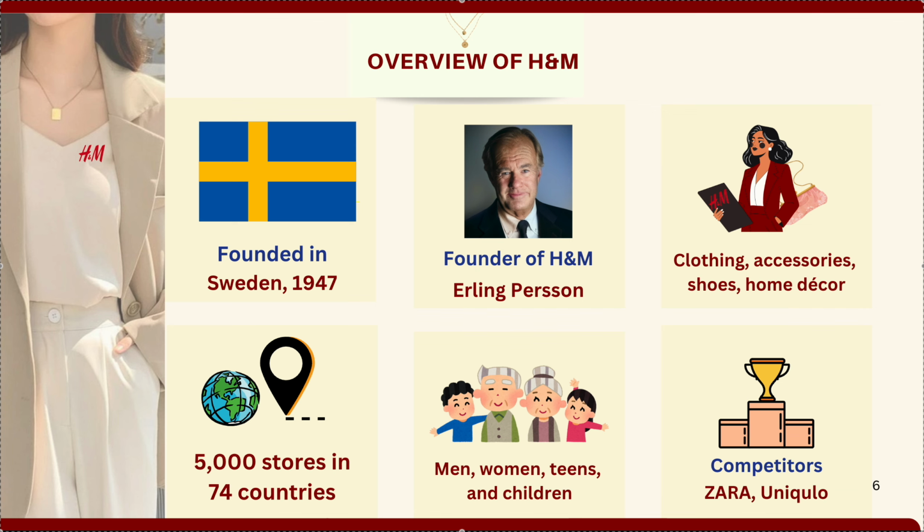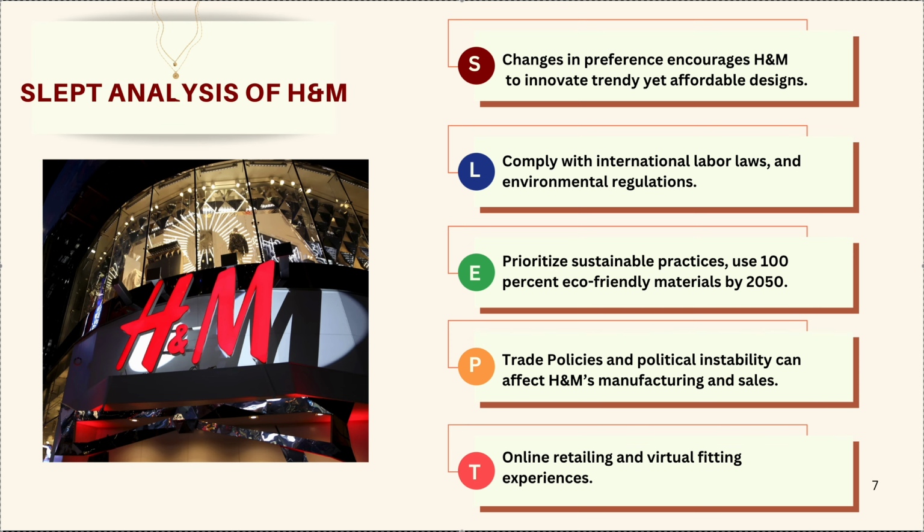So let's take a look at the SLAP analysis on H&M. Socially, the brand is facing changes in consumer preferences, so H&M innovates new designs which are trendy and affordable. Legally, H&M complies with international labor laws and also understands the minimum working hours and minimum pay rate.